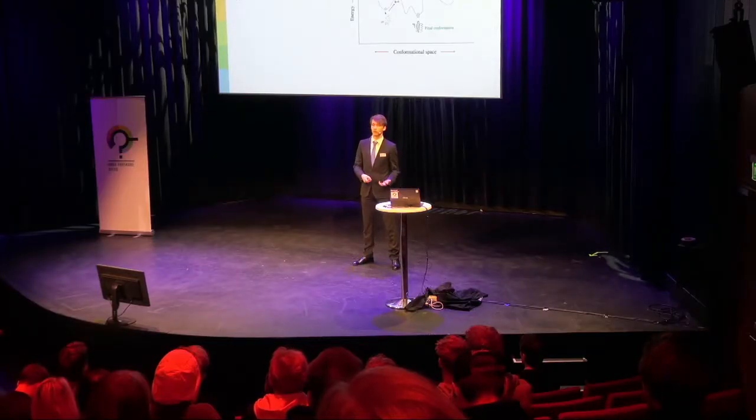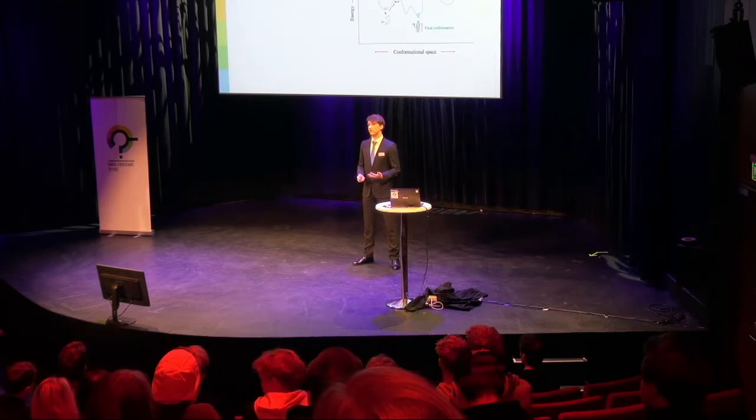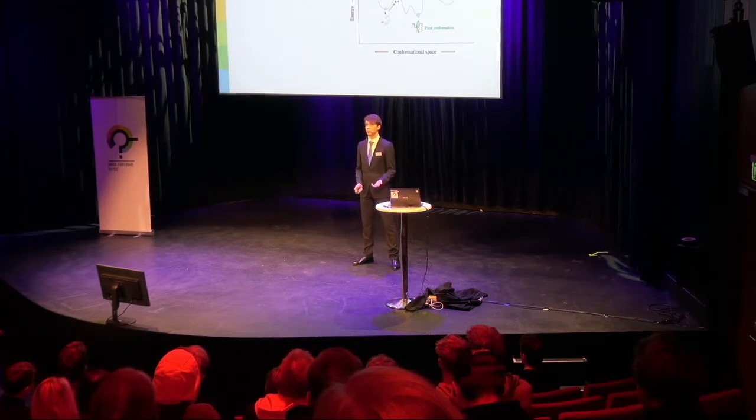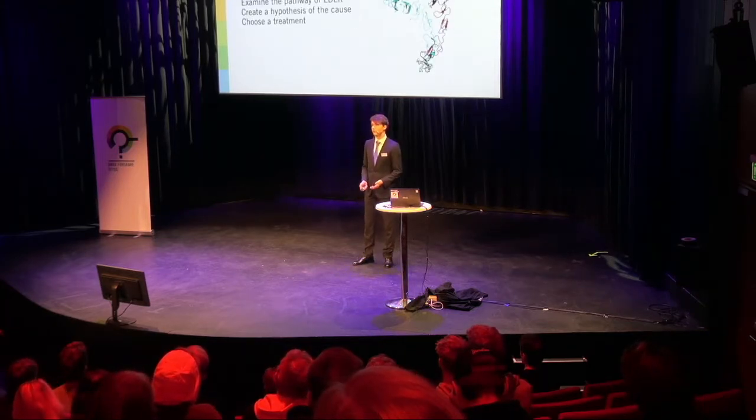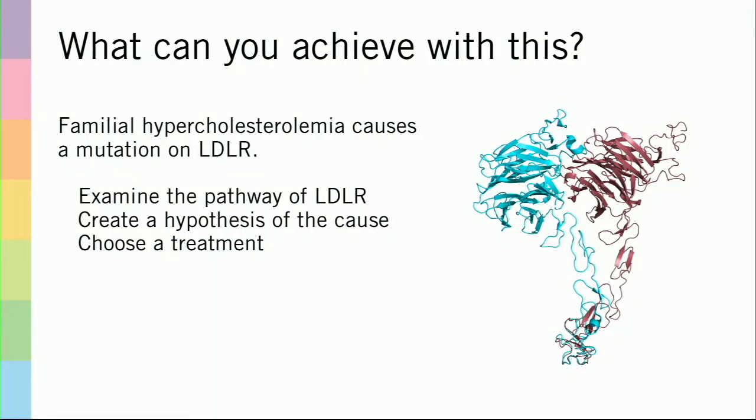This is very useful because protein structure determines most of the protein's functions in the cell, because the interactions between different proteins determine much of the functionality within the cell. So this is very important for my project, where I look at familial hypercholesterolemia.